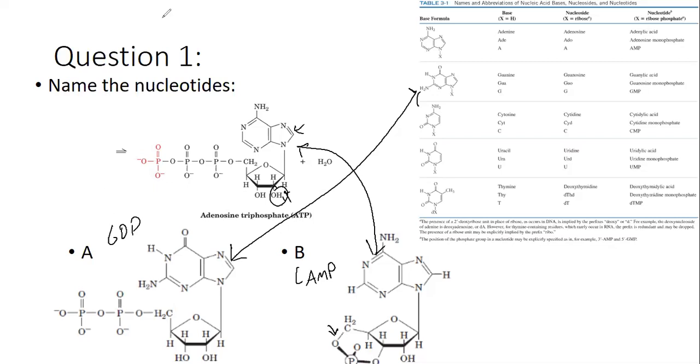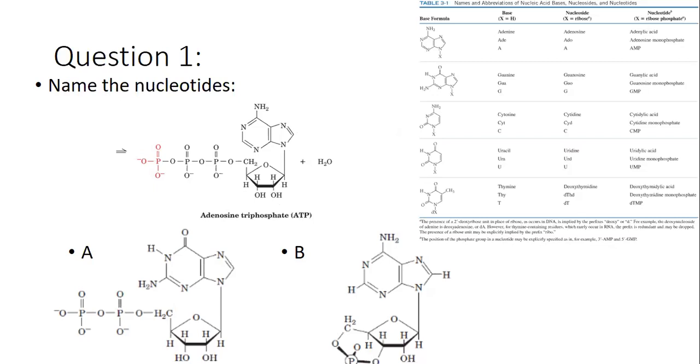So while we're looking at these nucleotides, I do have a critical thinking question, another one of these critical thinking questions. Inside your body, inside your cell, you have ATP, you have TTP, you have CTP, you have GTP, and you have UTP.